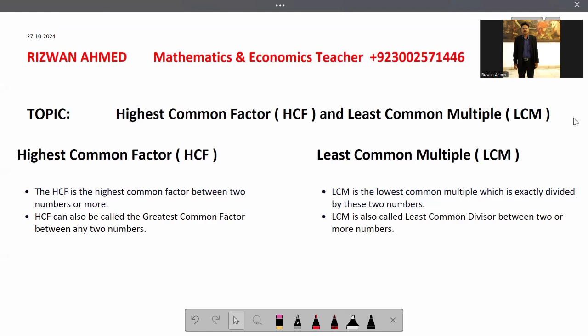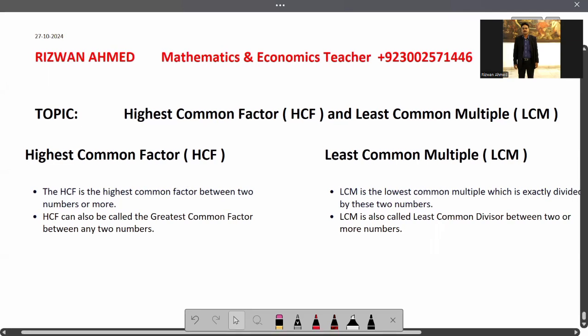HCF can also be called the greatest common factor between two numbers, while the LCM is the lowest common multiple which is exactly divisible by these two numbers. The LCM is also called least common divisor between two or more numbers.